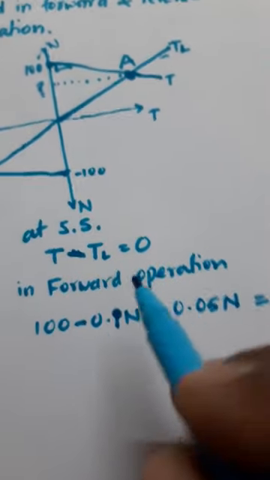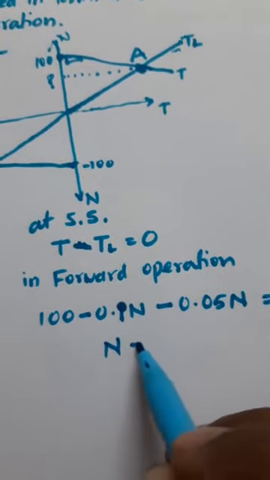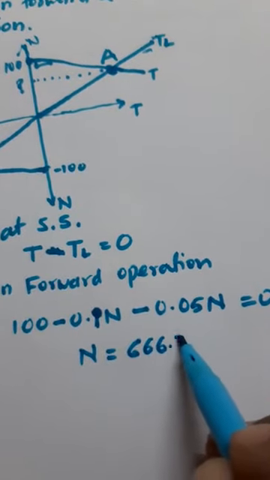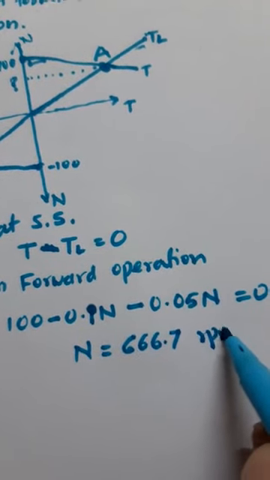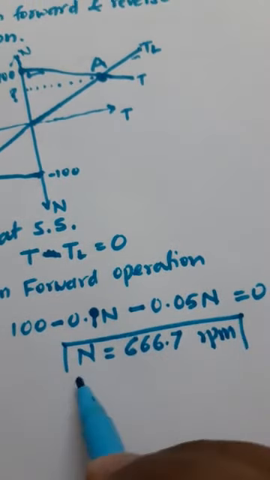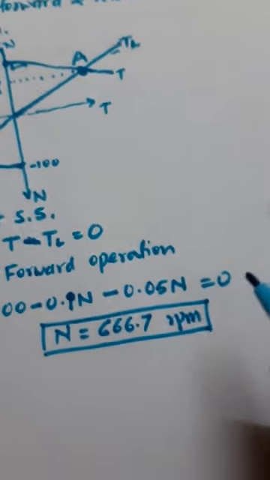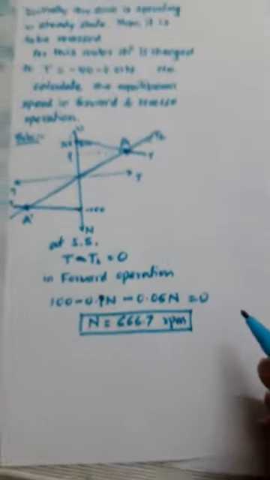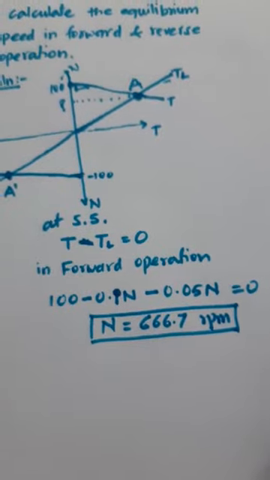Now we can solve this for n. So we get 666.7 RPM, and this is the steady state speed in forward direction. It comes out to be positive.